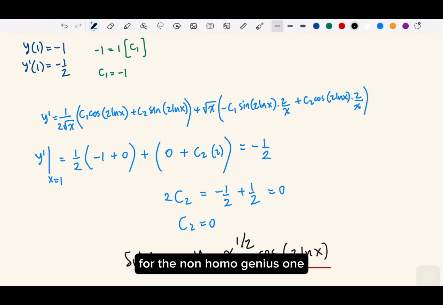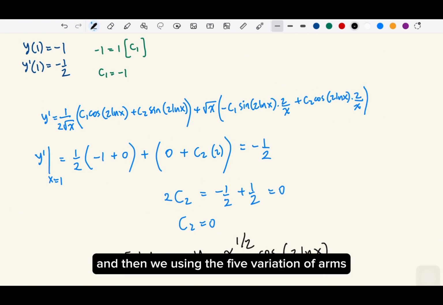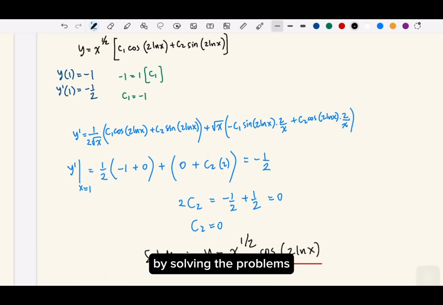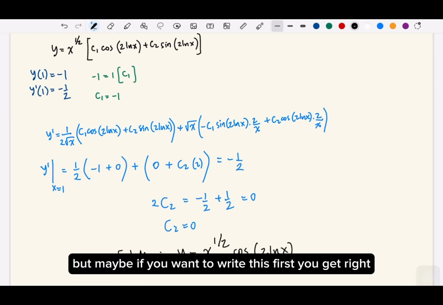For the non-homogeneous one, we are going to use the homogeneous solution, and then we're using the variation of parameters that we did previously. So we are going to use another method to solve. I think I will just give you the example by solving the problems. But maybe if you want to write this first, you can write.